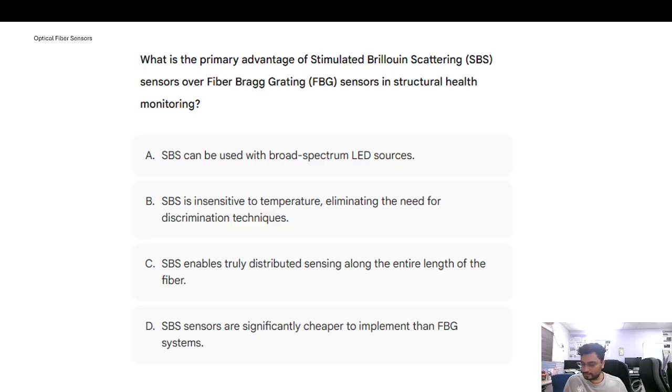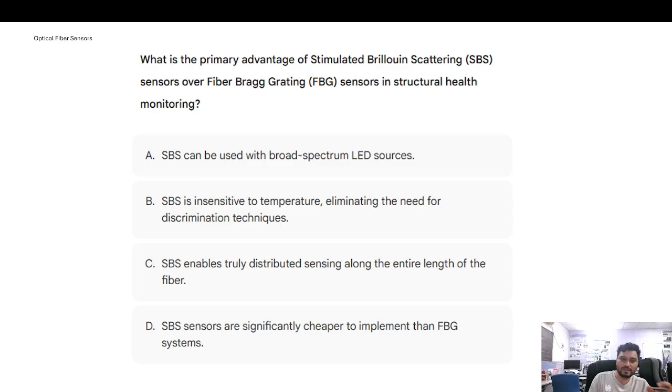Next question is, I think this is the second last question. What is the primary advantage of stimulated Brillouin scattering (SBS) sensors over fiber Bragg grating sensors in structural health monitoring? Option A, SBS can be used with broad spectrum LED sources.